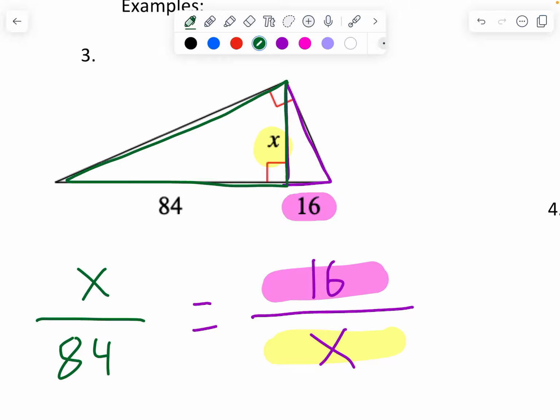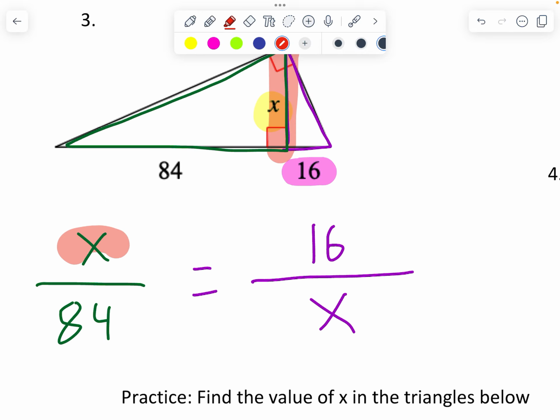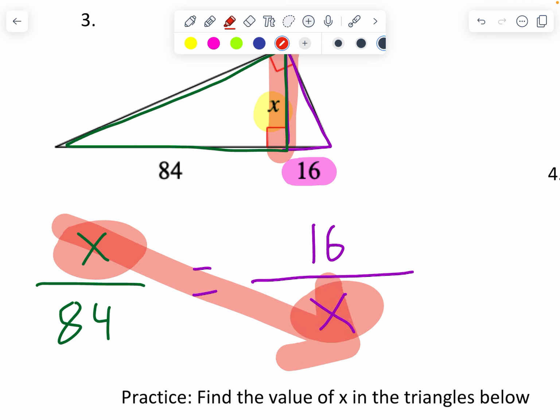Now, here is the easiest way to know how to do this, okay? The x's, so basically the middle part, the altitude, right? It is always going to be up on one side, down on the other side. It doesn't matter if it's flip-flopped. It could be 84 over x and x over 16. But regardless, they should be across from each other like this, okay?